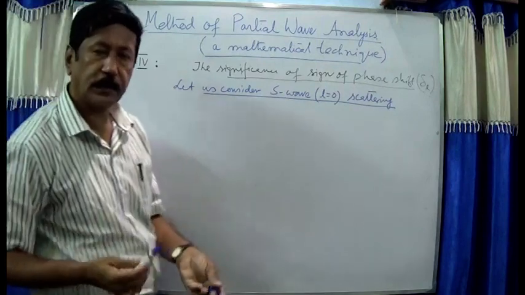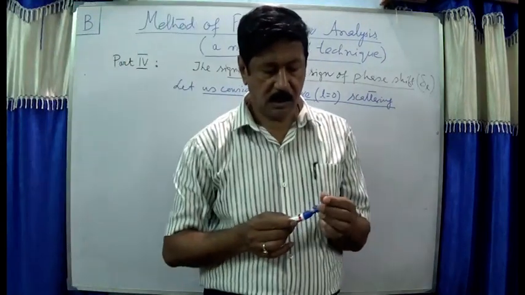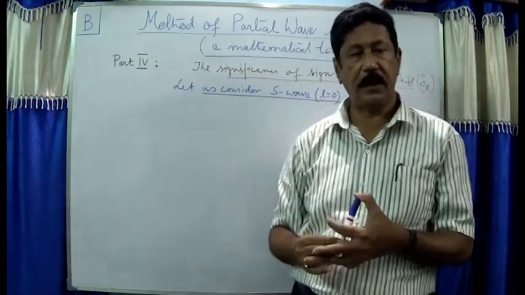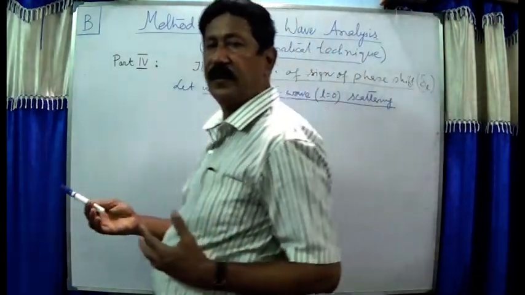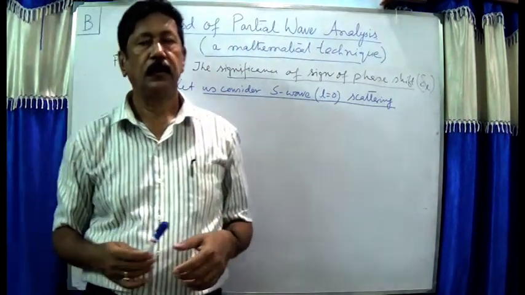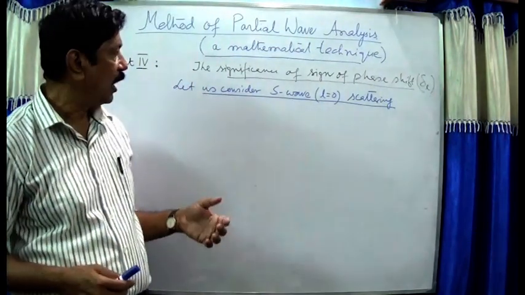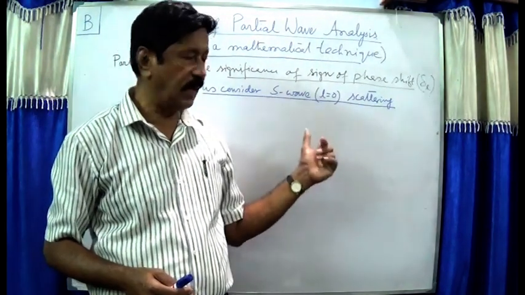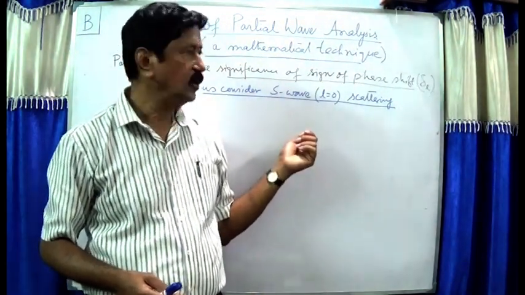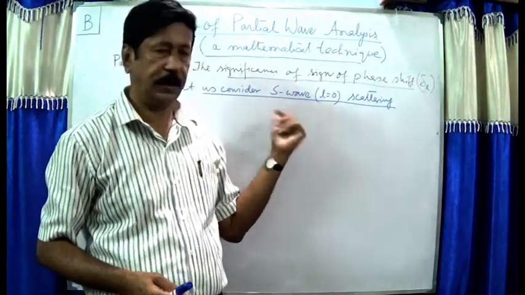Because this will be the simplest case. If we begin with a higher value of L, the problem will become very difficult to discuss, and in order to avoid the difficulty, we are starting from the very simple case.